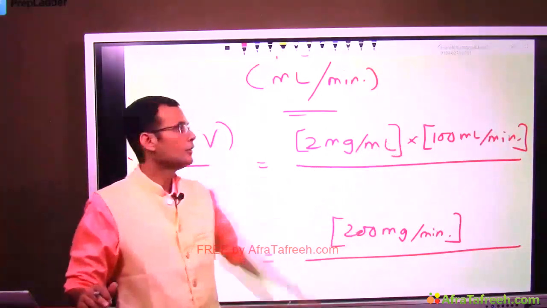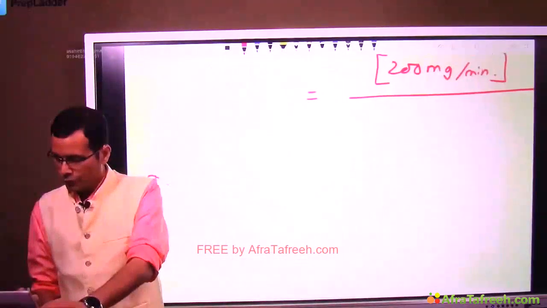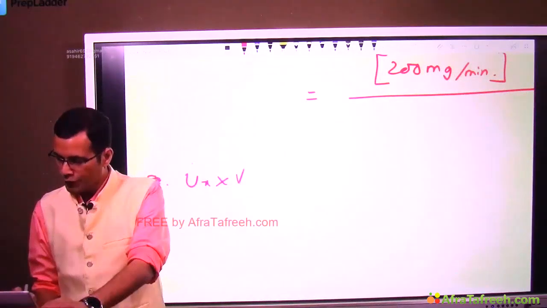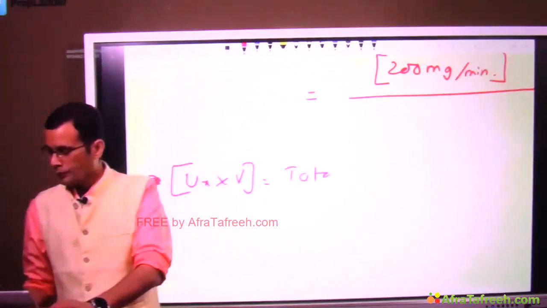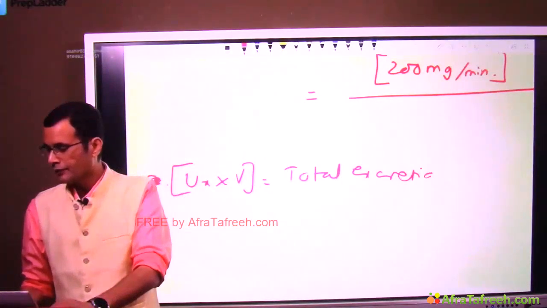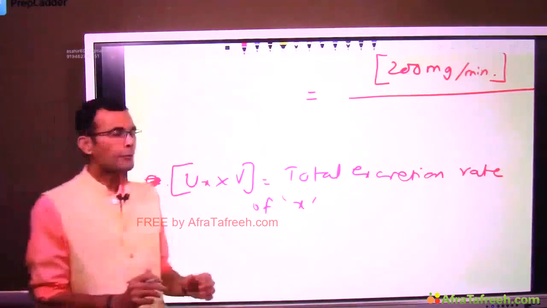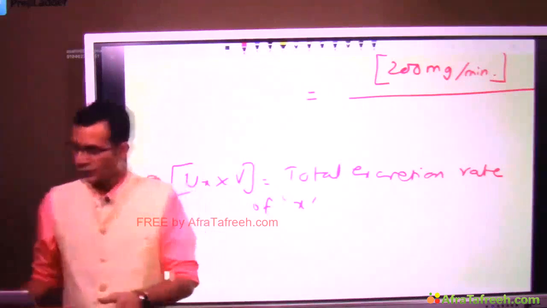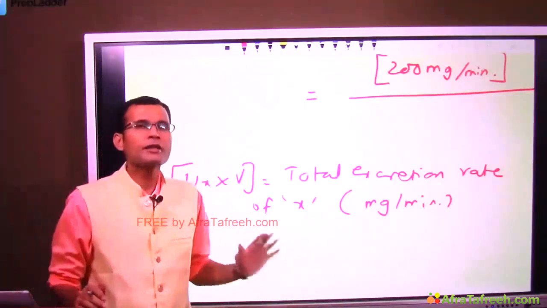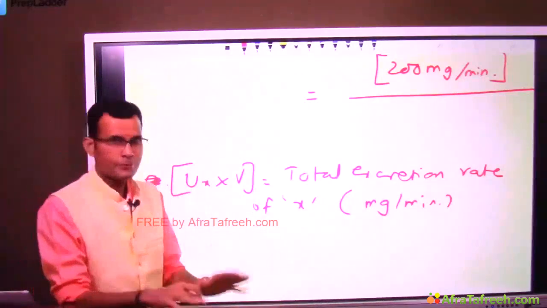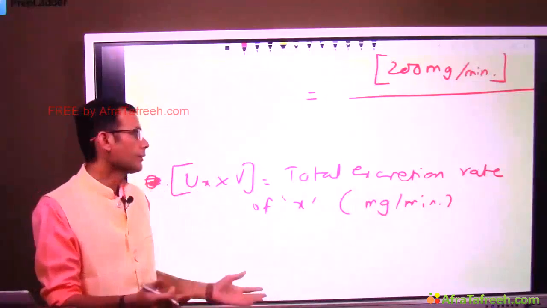Now that's clear. So let's write it down. What is the meaning of Ux into V? What is the meaning of the numerator? Total excretion rate of the substance. It will be the total excretion rate of that substance in milligram per minute, or per unit time, per minute, per hour, per day, whatever unit we are taking, right?